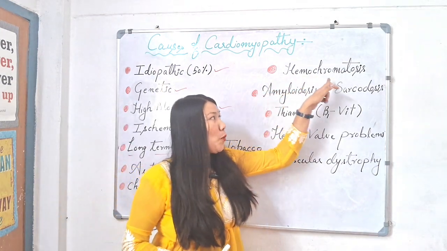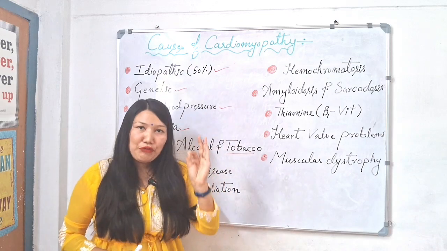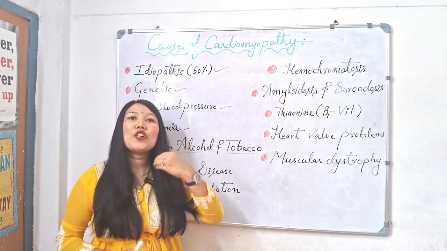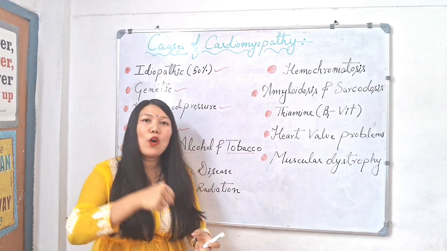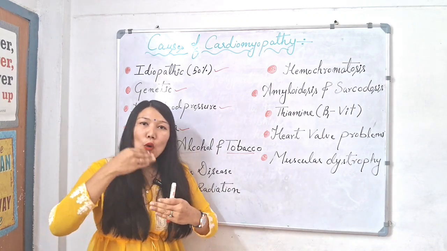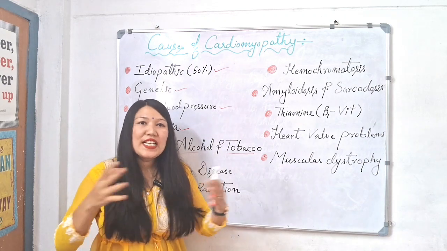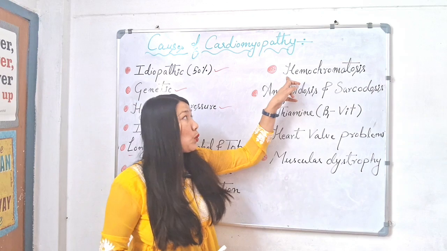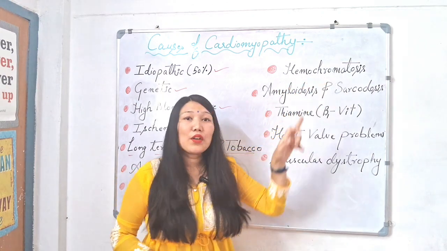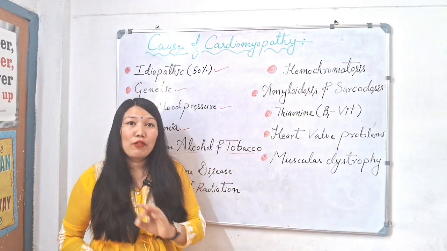Next we have hemochromatosis. Hemo means iron. If extra iron gets deposited into the heart muscles, for example if the intestine has absorbed a lot of iron and it flows into our bloodstream and goes into each and every organ, it also goes into our heart. So what will happen? Due to extra iron deposition, the heart will not be able to perform its function properly.